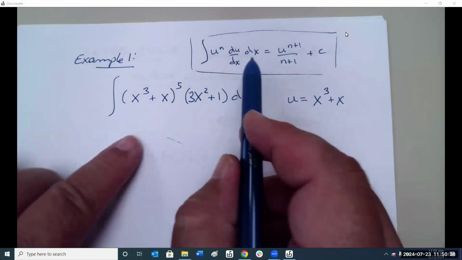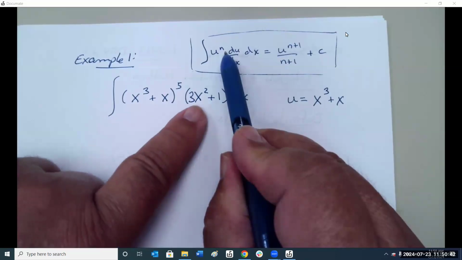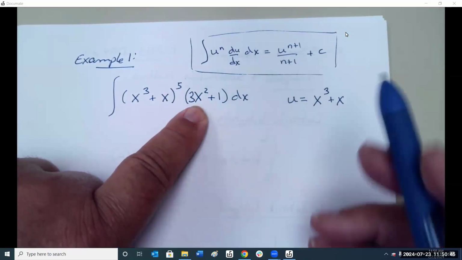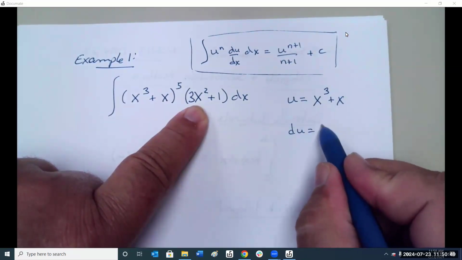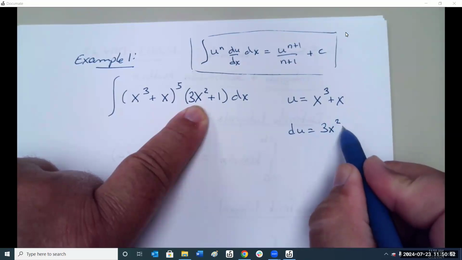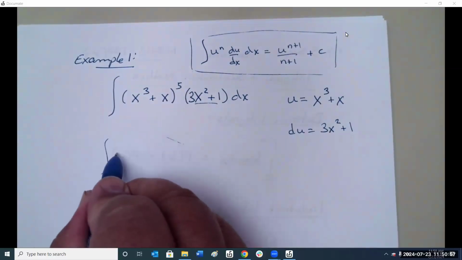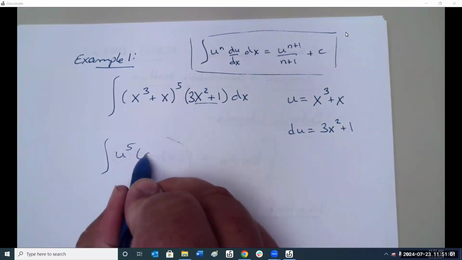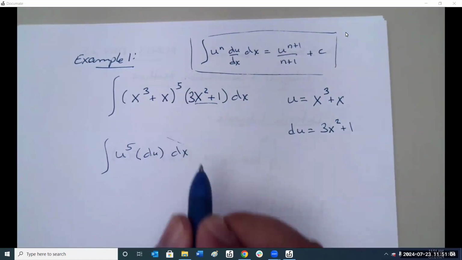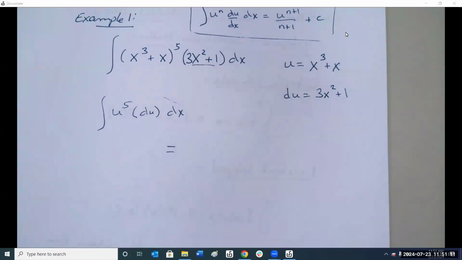Now, also, because this is u to the power n, is this du dx? So what's the derivative of u? 3x squared plus 1. There it is. So what we have here is u to the power 5 du dx. So it tells us our answer is going to be what?